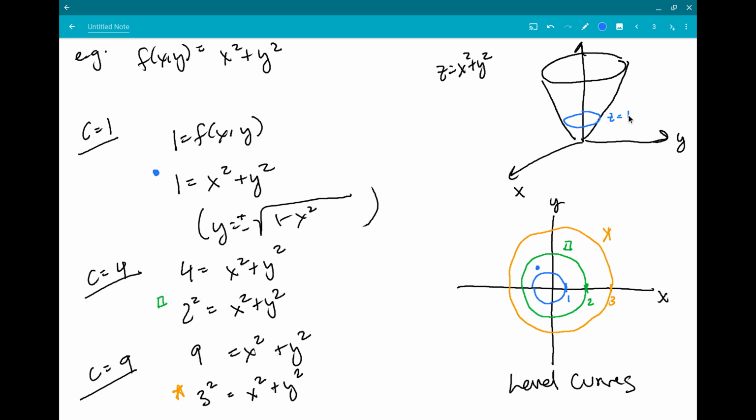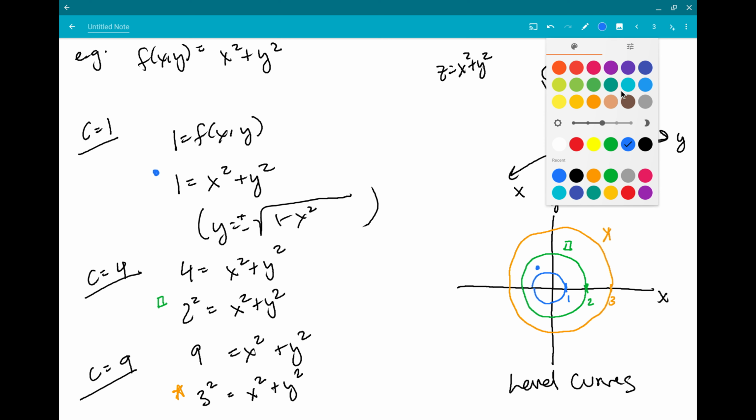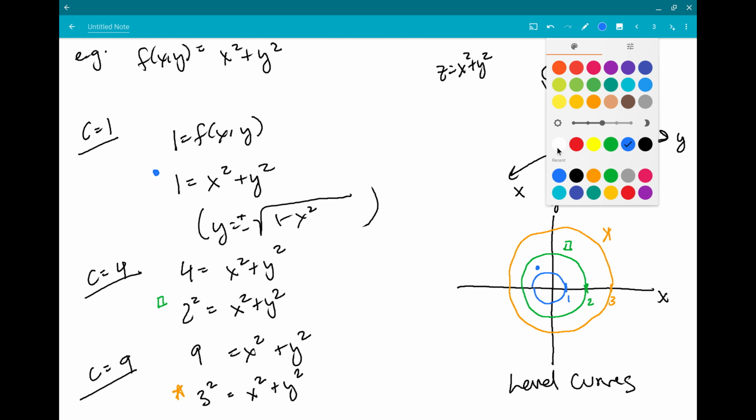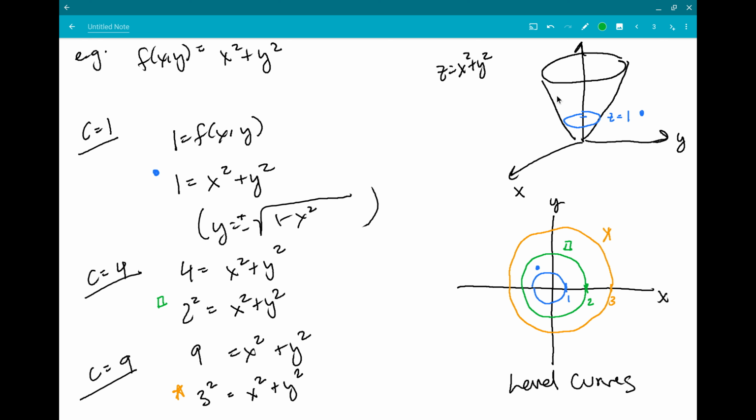So right there would be at the height z equals 1. Oops, forgot to do my little mark. Next up would be at the height z equals 9. Here we go.